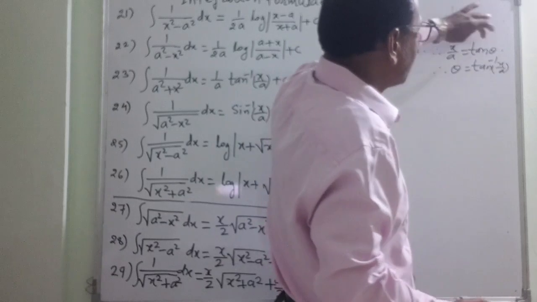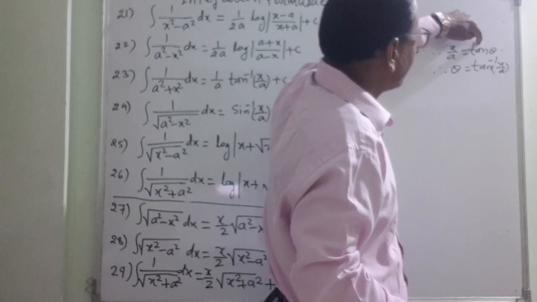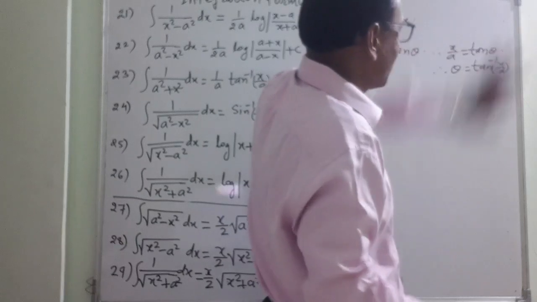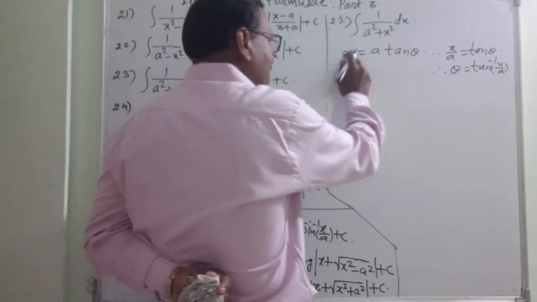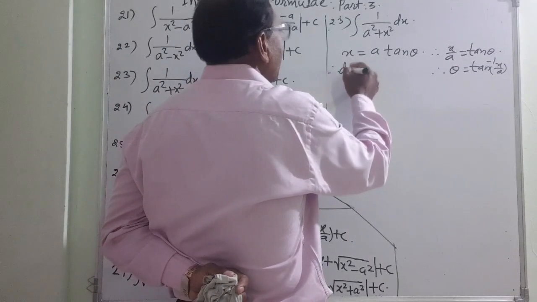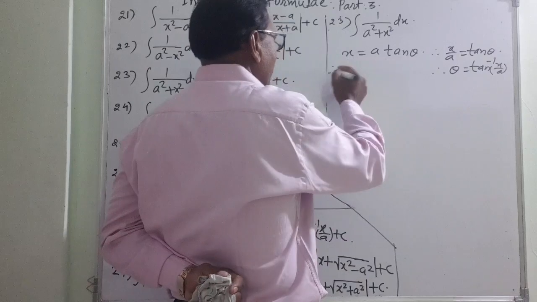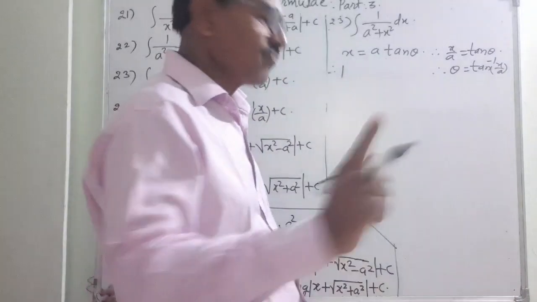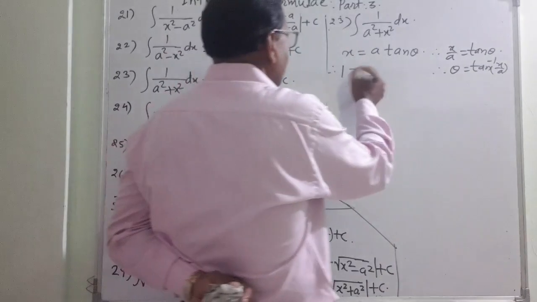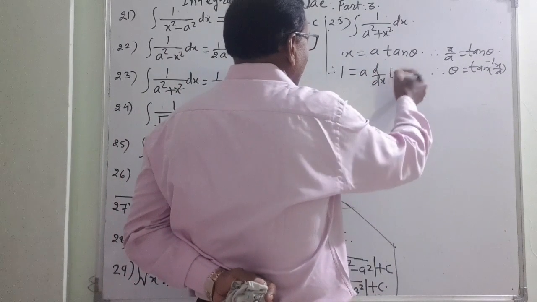It is not true, but I am telling you to understand it. Tan is brought here. It will become tan inverse of x upon a. Now I will take the derivative of this. Therefore, dx, derivative of x with respect to x is 1. dx by dx means 1. That's why 1. That is equal to a into d by dx of tan theta.